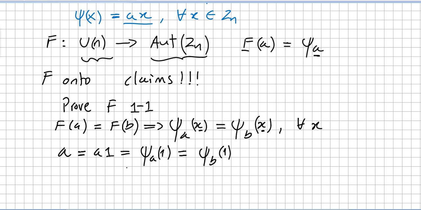So psi a of 1, I pick this one, I get a, and psi a of x equals psi b of x, so psi a of 1 equals psi b of 1. This one will be b times 1 and that will be b. So if this is true, a will be equal to b. What we have here is a equal to b. So it is proved that f is 1 to 1.